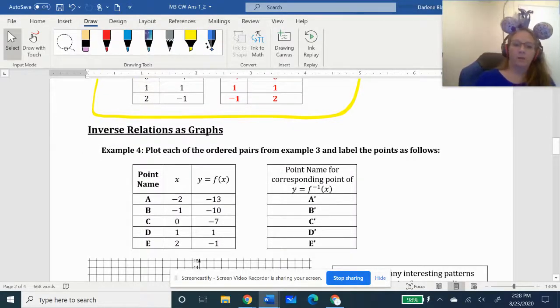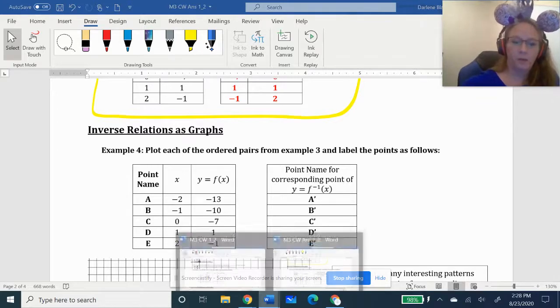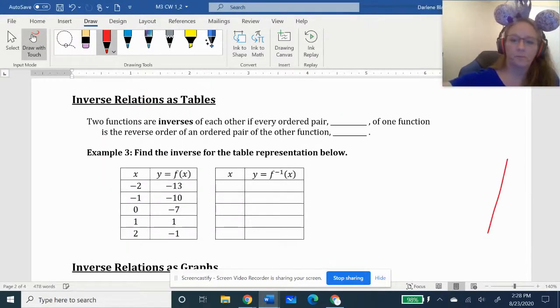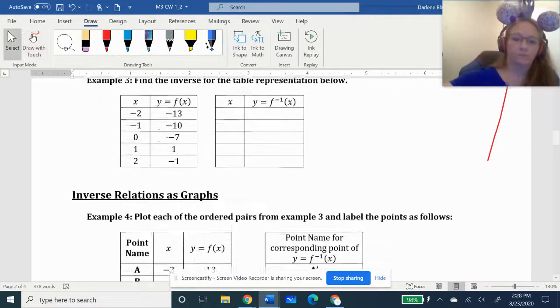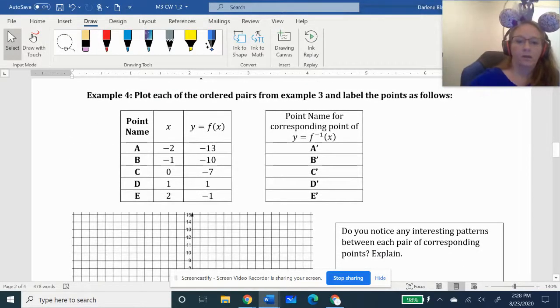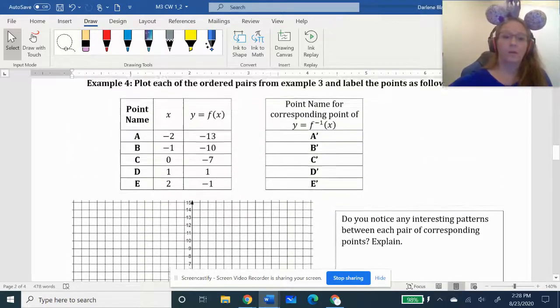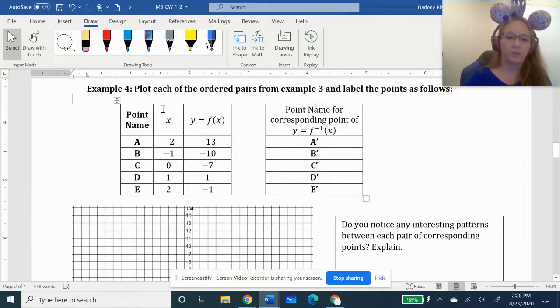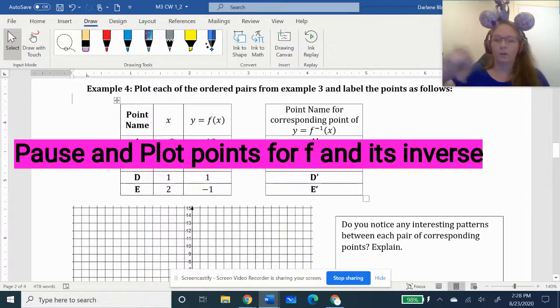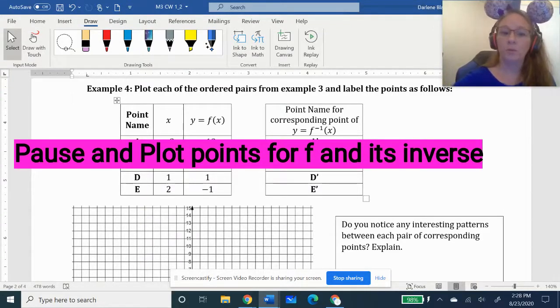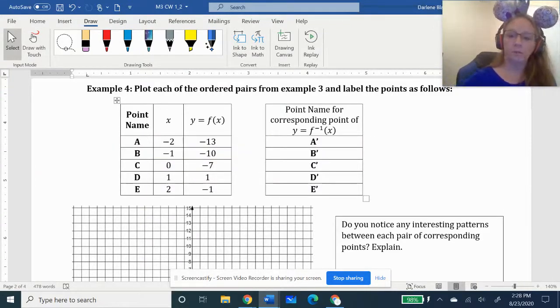The next thing that I want you to do is go through and plot these points. So you're going to pause the video. You are going to plot all of these points. And now you're back. I'm assuming you have plotted these points already.